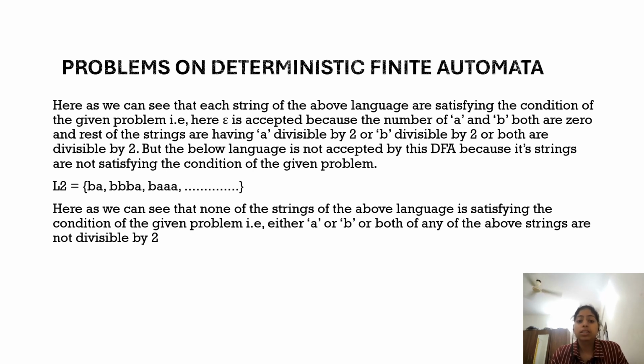Here, the null string is accepted because the number of a and b are both 0, and the rest of the strings have a divisible by 2 or b divisible by 2 or both divisible by 2. But the below language is not accepted by the DFA because its strings do not satisfy the condition of the given problem. Here we can see that none of the strings of the above language satisfy the given problem.